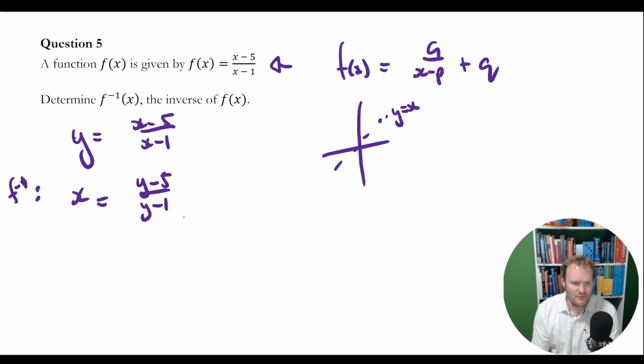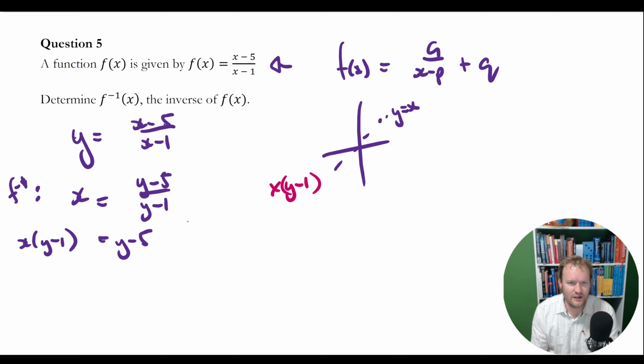So maybe it makes sense to multiply both sides by y minus 1 so that we have no more fractions. So we have x times (y minus 1) equals y minus 5. Now we want y to be the subject of the formula, which means we'll have to do some manipulations, so that we've got y by itself on one side, which will probably involve some factorization.